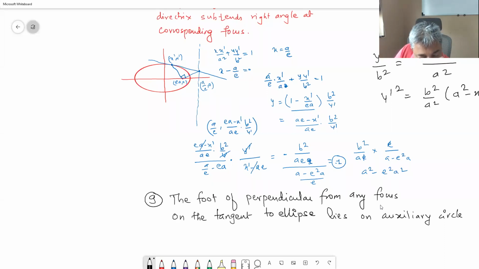Foot of perpendicular from any focus onto the tangent to ellipse lies on auxiliary circle.